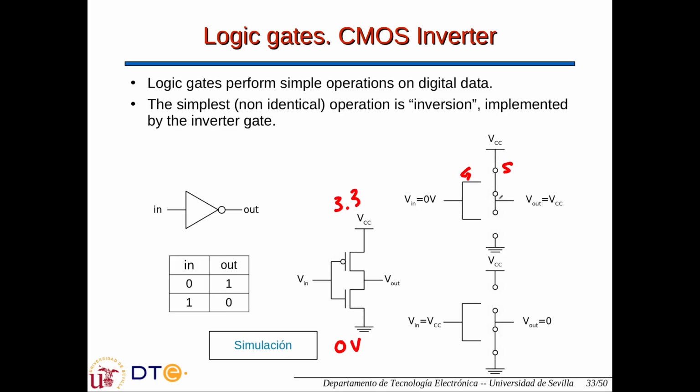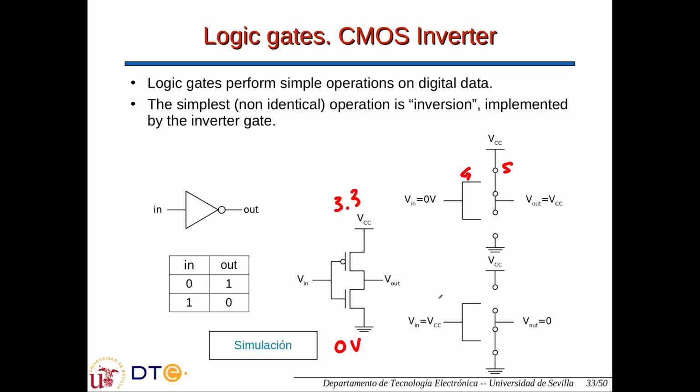So this transistor, which is a PMOS, is conducting. Okay, so with 0 volts in the input, we have the output connected to the power supply. It will take a high value of the voltage, very, very close to the maximum voltage here. So low voltage gives a high voltage, as logic 0 gives a logic 1.